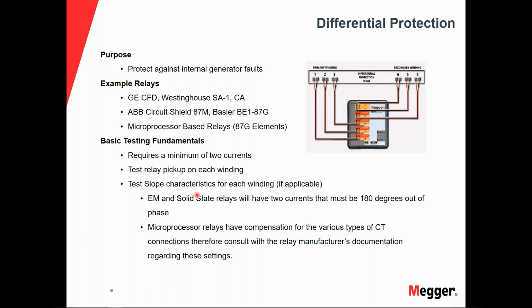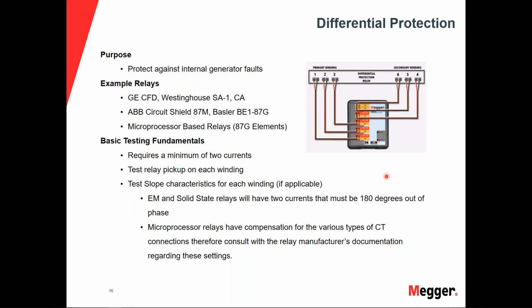The slope test. We didn't talk too much about the slope test for this, but what we're doing is making sure that, if it's enabled for the generator, the CTs on both sides of the generator are going to be pretty close to the same make and model, but they still have some inherent flaws, some errors in the way they're manufactured.